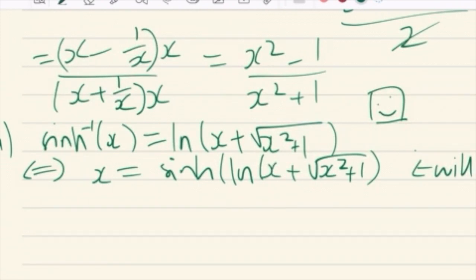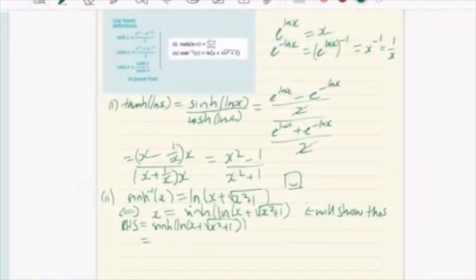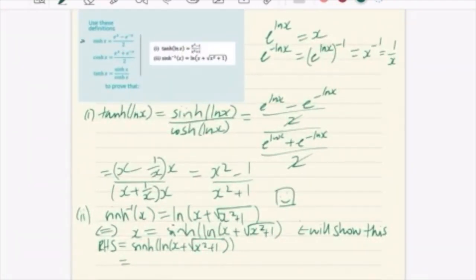So we'll start with the right hand side because that one's the most messy, so it's going to be easier to simplify it down. So we use the definition for hyperbolic sine.